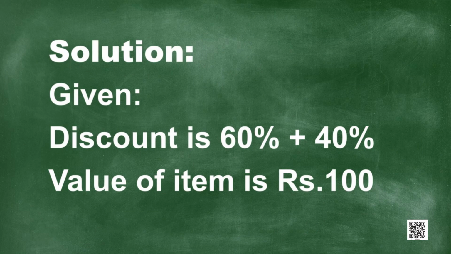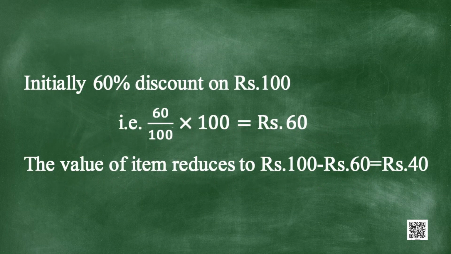So, let us try to write down the given data. Given that discount is 60% plus 40% and value of an item is rupees 100. Now, it is clearly mentioned that 60% plus 40% discount will be given. So, upon applying the 60% discount on rupees 100, the value of the item reduces by rupees 60, and so the value of the item will be rupees 100 minus rupees 60, that is equal to rupees 40.